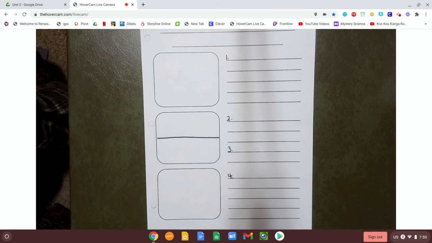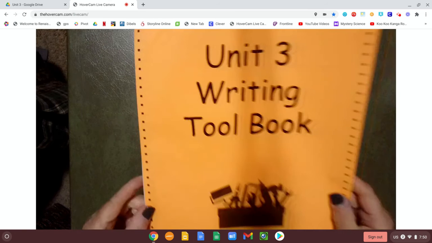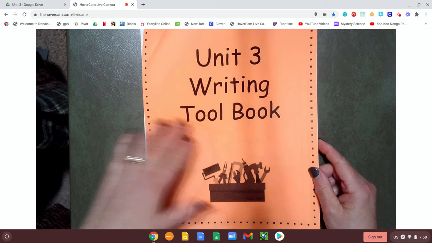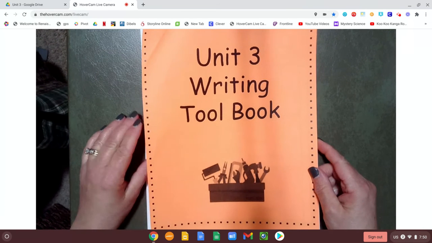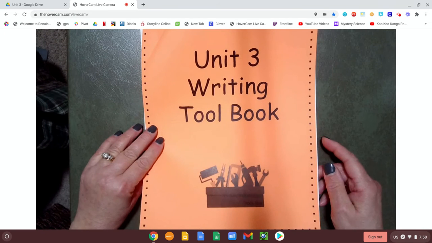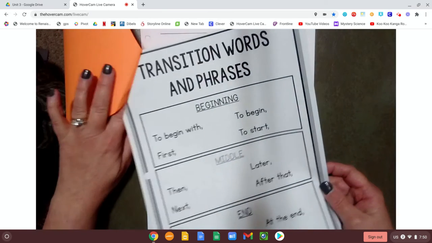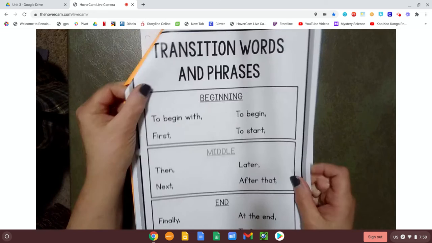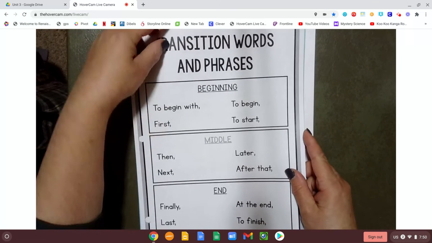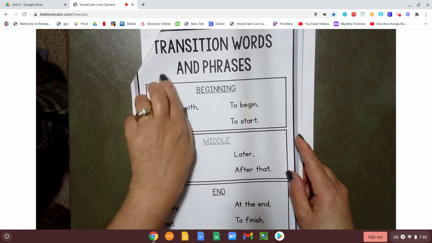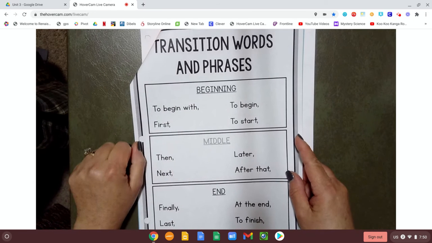One of the things that we sent home with you was a little writing tool book, and it has this orange cover on it. You don't have to get it out now, but you might want to refer to it later. I'm going to open it to the first page, and it has transition words. I use the word organizational words. Transitional words or organizational words, they mean the same thing.